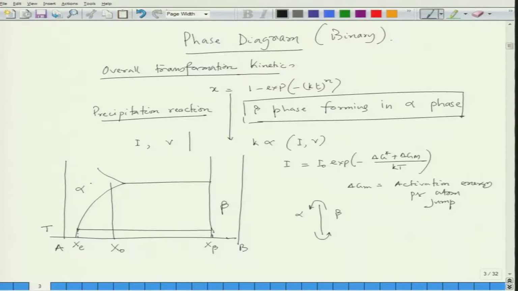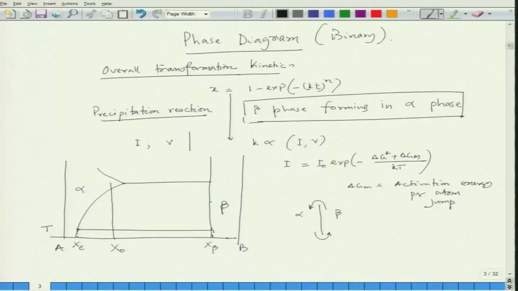If we consider that it is a solid phase reaction, then alpha is a solid solution of B in A, and A and B are the elements, and beta is another phase which can be a solid solution or a compound, that can be decided by the interaction between A and B.